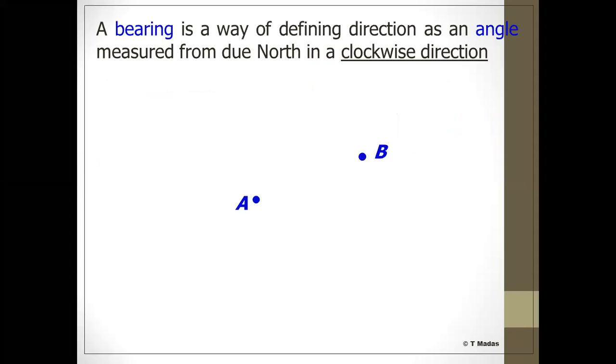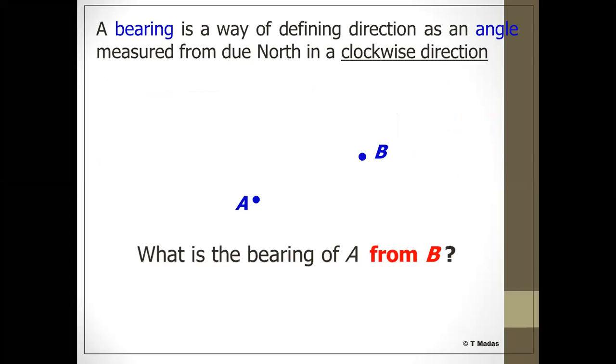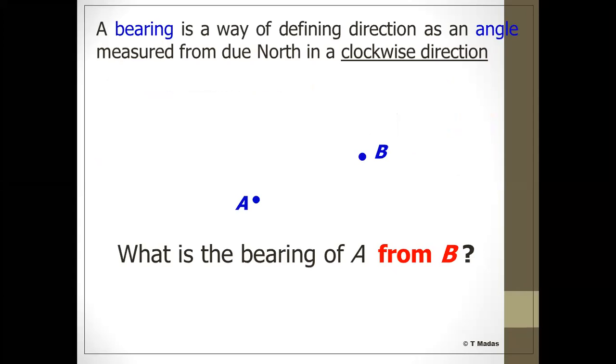We need to continue with the bearing part. As we said before, the bearing is a way of defining directions, and we're talking about angles that are measured from due north, in the clockwise direction, written in 3 figures. Okay, let's start. They want you to find the bearing of A from B. That would be easy.